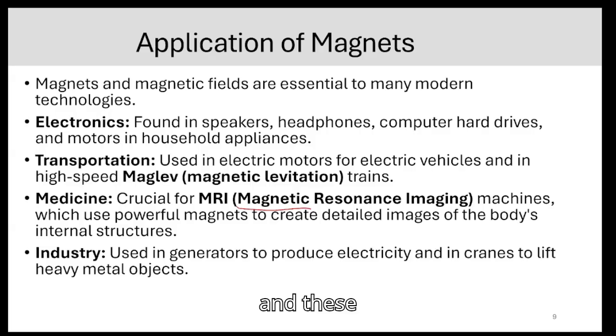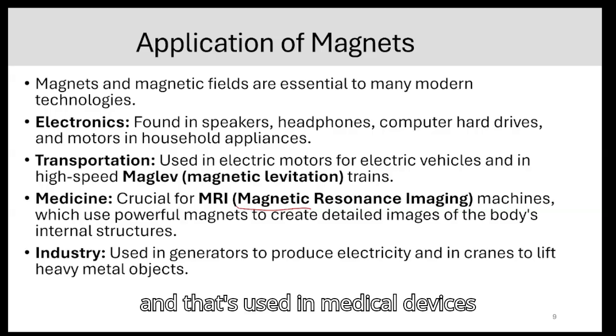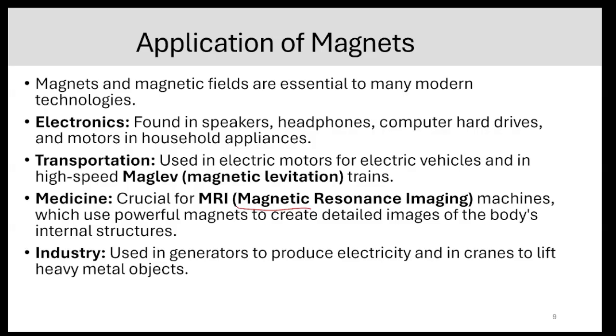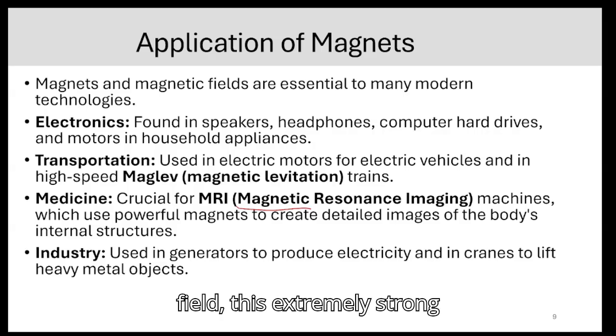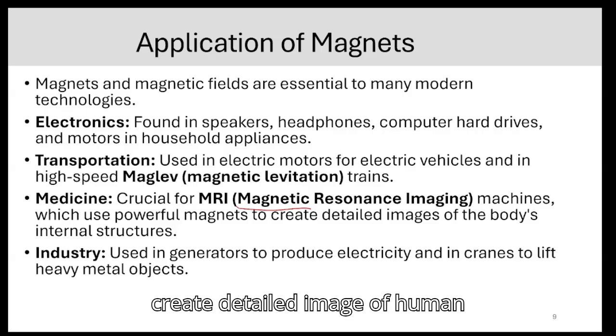And these MRIs use one of the strongest magnets used in medical devices. This extremely strong magnetic field is used to create detailed images of the human body.